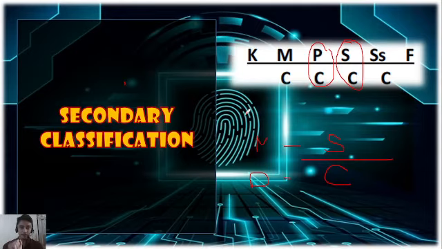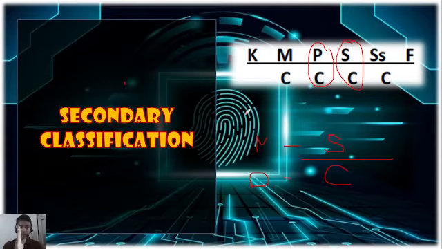Tama po ba? So for the numerator, we consider the even numbered fingers, and for the denominator, we consider the odd numbered fingers. Yun ay para sa primary classification.